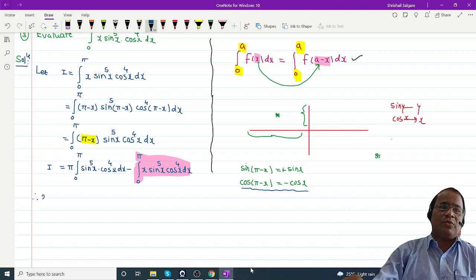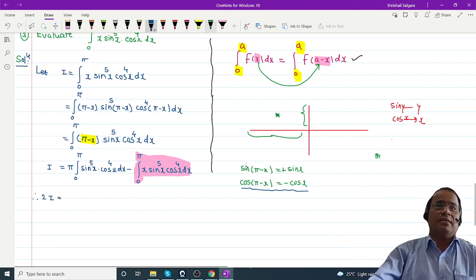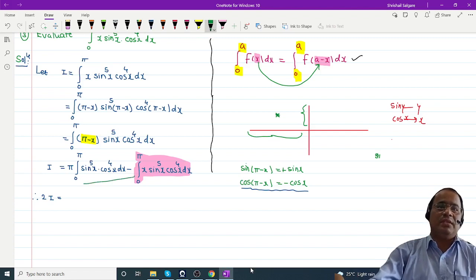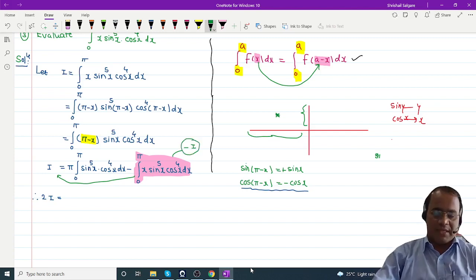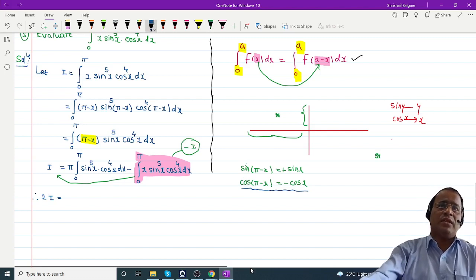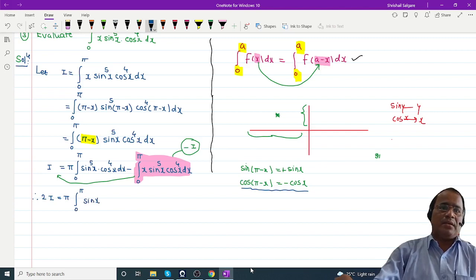Is it okay? 2I is equal to, so how am I writing 2I? This integral term I am taking to the left, so it becomes minus I, and this minus I on the left side becomes plus I, and it comes as 2I. The remaining is pi times integral 0 to pi sine x raised to 5 into cos x raised to 4 dx.